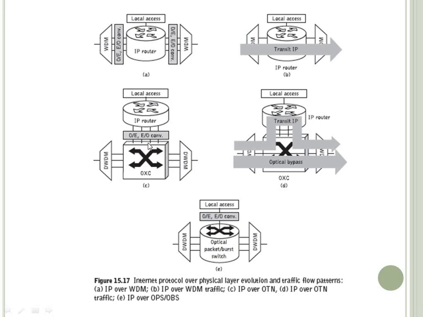So here in this figure, Internet Protocol over OTN is shown. In this, the traffic which passes through a node can be switched in an optical cross connect without optoelectrical conversion. Earlier we saw there were optoelectrical conversions taking place.